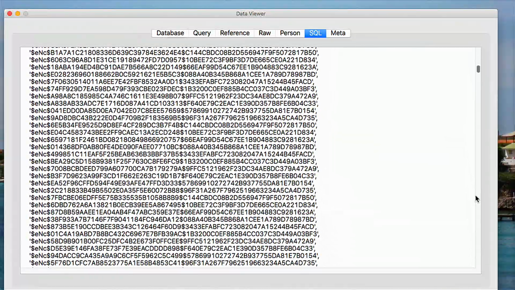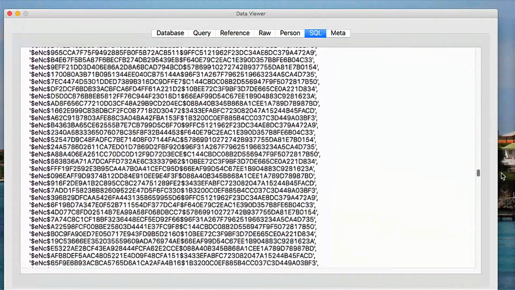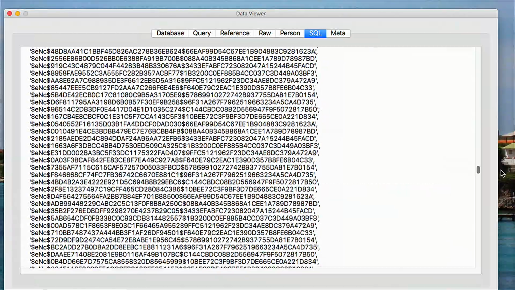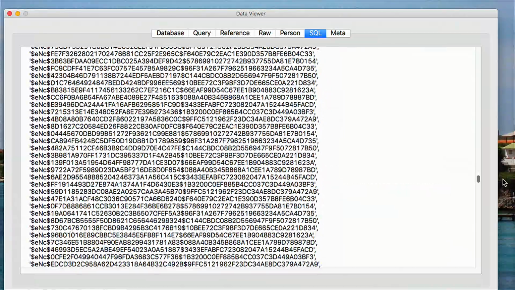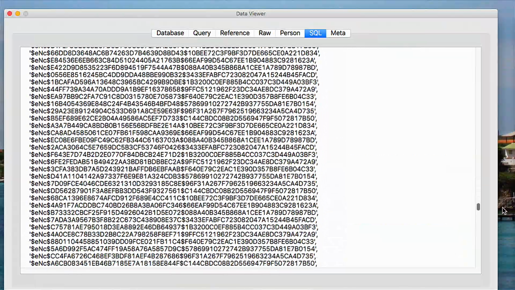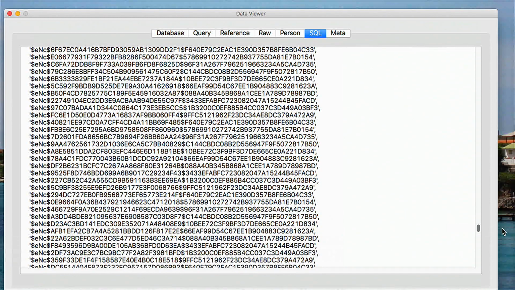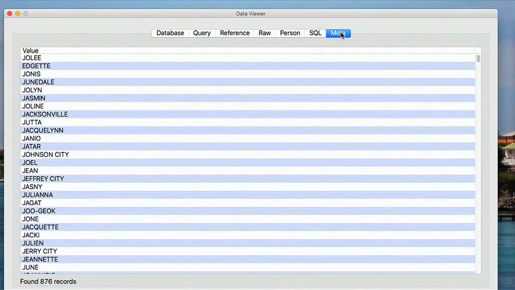I'm not going to find it, but the meta that it actually found, with the first name starting with ED and the last name starting with J, is all combined here just for display purposes.